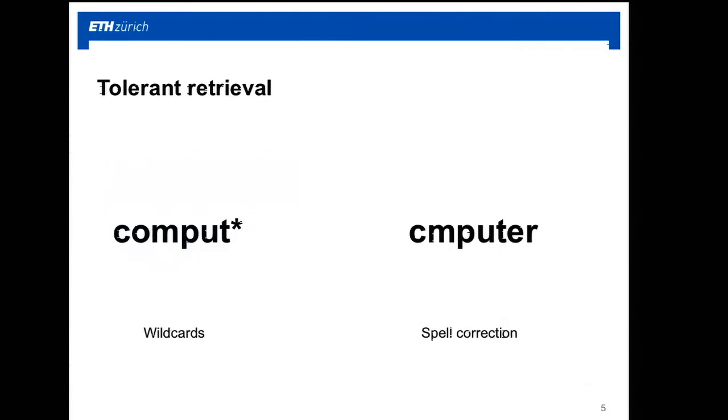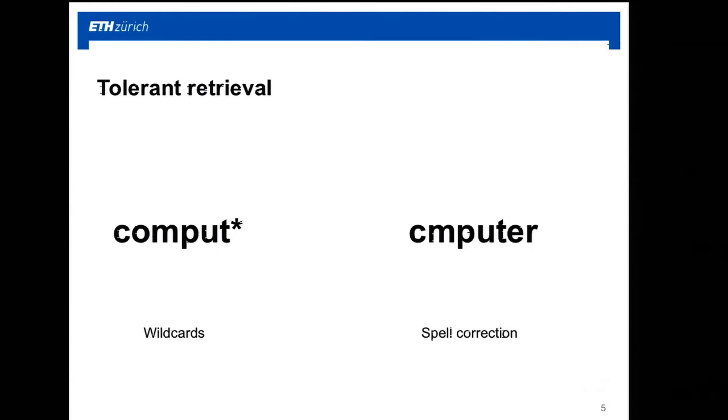the index. We had tolerant retrieval when we managed to handle wildcard queries with star anywhere in the word as a joker. We managed to handle spell correction in the sense that it's okay if the user makes a few mistakes.